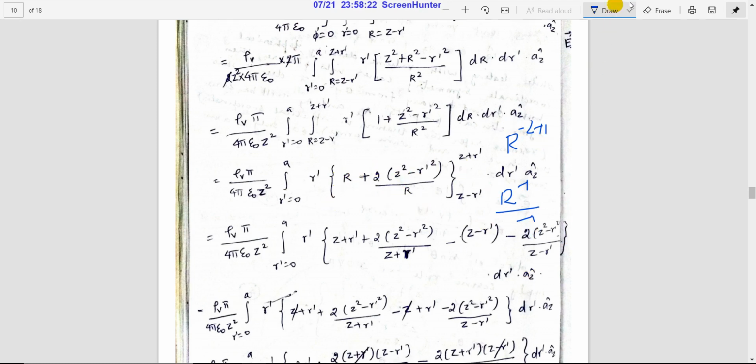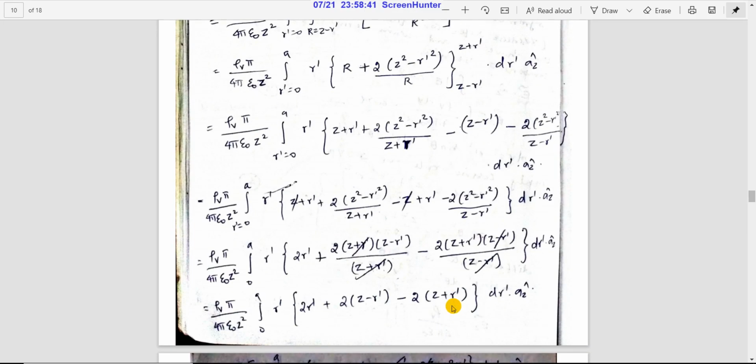Okay, so minus r; this minus and that minus will be getting cancelled, so you will be having this term like this, and you can substitute these values, and applying the limit values, you will be getting this equation.